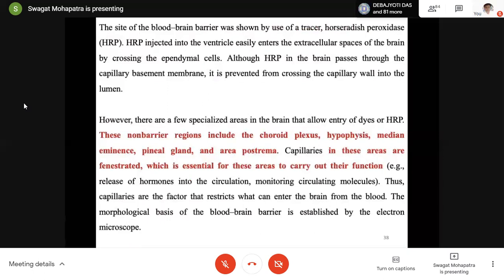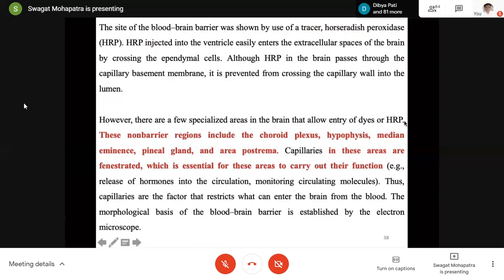Secondly, the pituitary or hypophysis. You know that the pituitary is under the control of the hypothalamus. The hypothalamus releases certain releasing hormones which stimulate the pituitary gland. So if you provide this blood-brain barrier to the pituitary, then some functions will be affected.